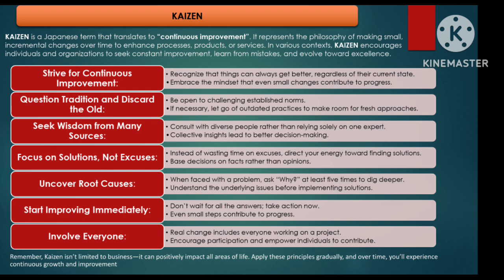Kaizen is a Japanese term that translates to continuous improvement. Kai means good, Zen means change, so it is about good change, and it looks for incremental change over time to improve a process, product or service. It focuses on small, step by step changes for continuous improvement.